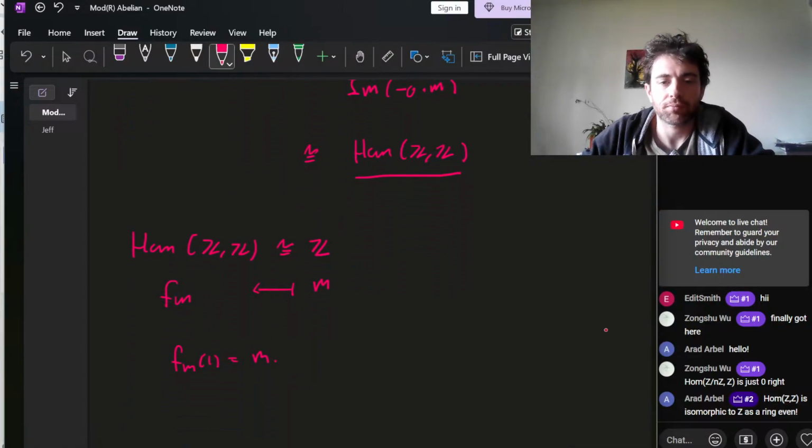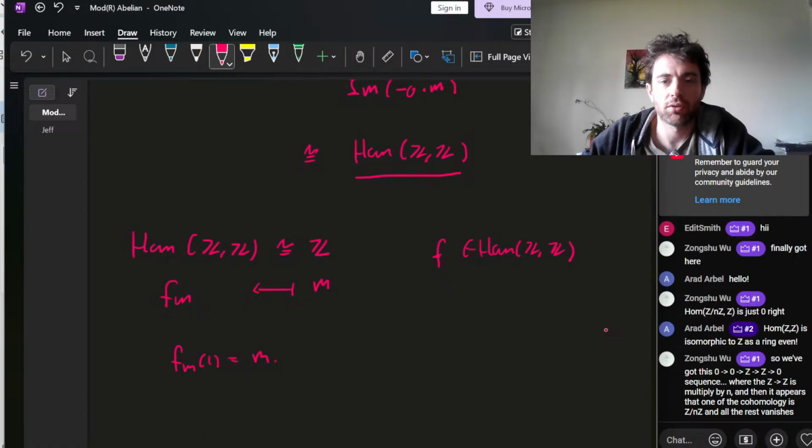So if we just have some arbitrary f, whatever f happens to be, in Hom(Z, Z), let's look at what happens when we apply f composed with the multiplication by m map.